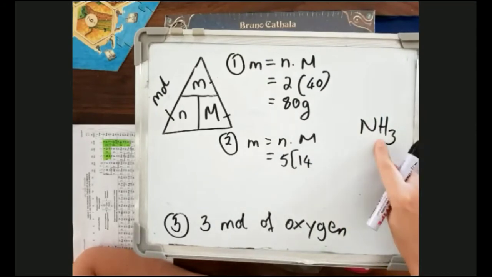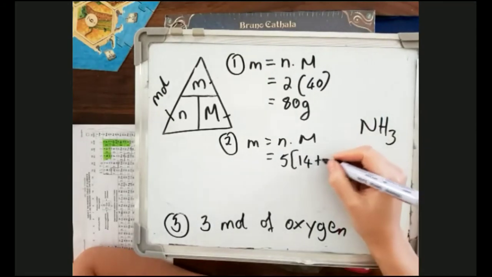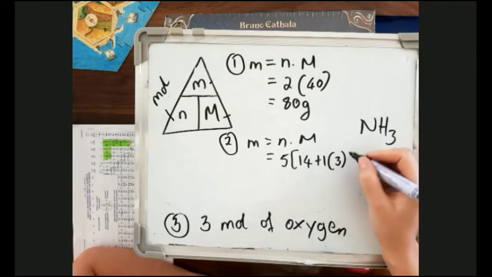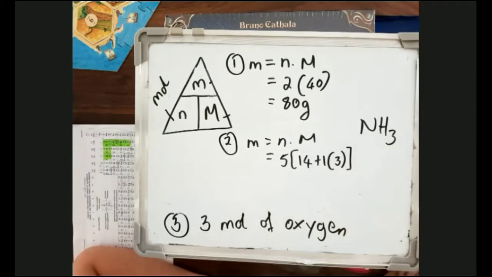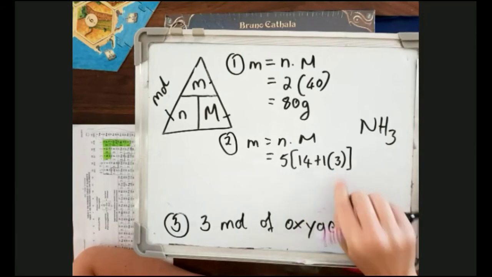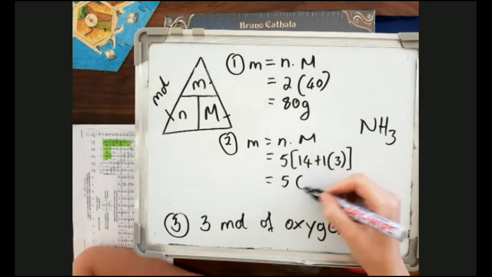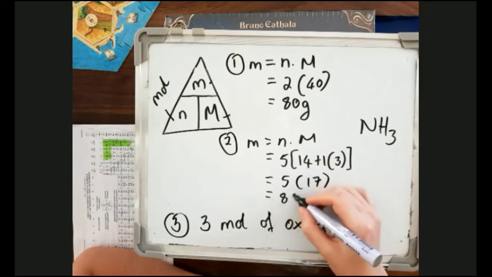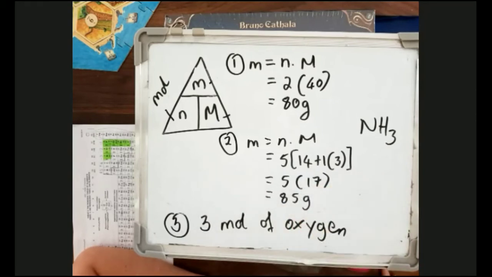Then hydrogen is 1, but there are 3 hydrogens there, so I'm going to have to times that molar mass by 3. So ammonia's molar mass is 14 plus the 3, so 17. So 5 times 17 gives me 85 grams of ammonia.